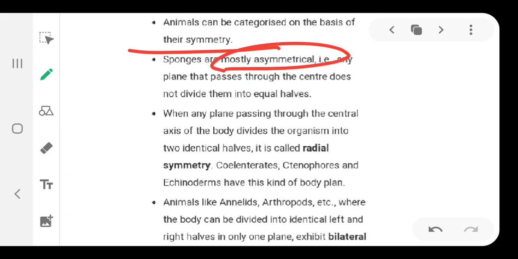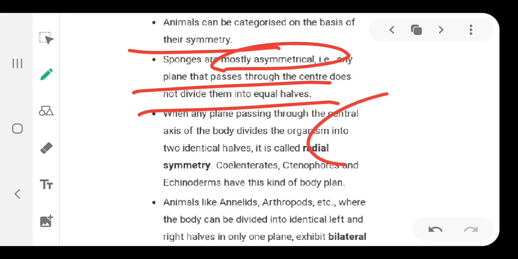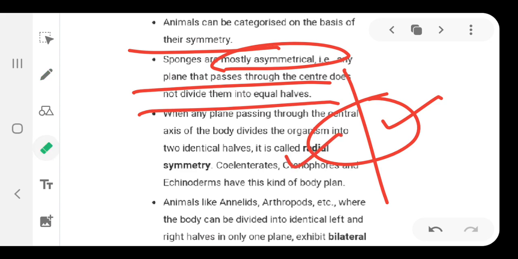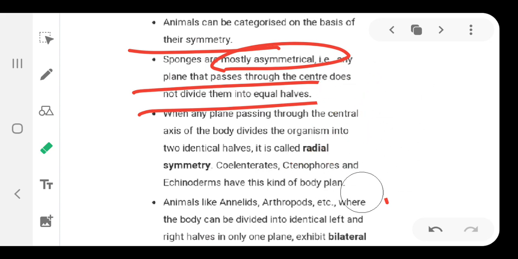That is, no single plane passing through the body divides them into equal halves. If the body shape is something like this, and you run a line through it, it is divided into 2 equal halves. That is in the case of symmetrical pattern. But in the case of asymmetrical pattern, this type of division won't exist. So, that is called asymmetrical.